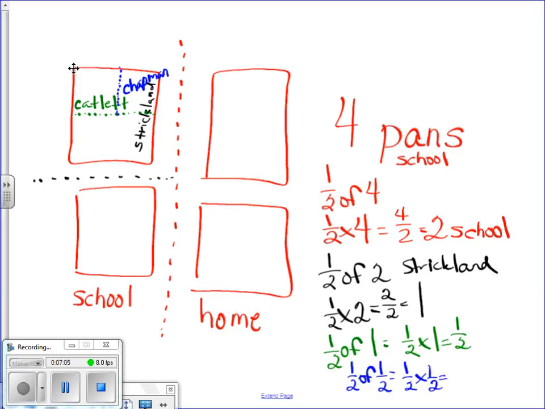You go straight across and multiply. 1 times 1 is 1. 2 times 2 is 4. Look, if I took this line and brought it down, how big are those pieces? Fourths. It's basically the same thing, multiply.